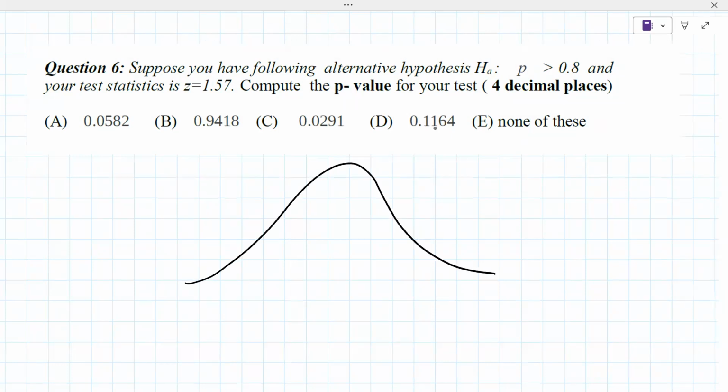Compute the p-value for your test. So here is 1.57. Do we want the area to the right or to the left of this? To the right. Okay, so how are you going to do that?